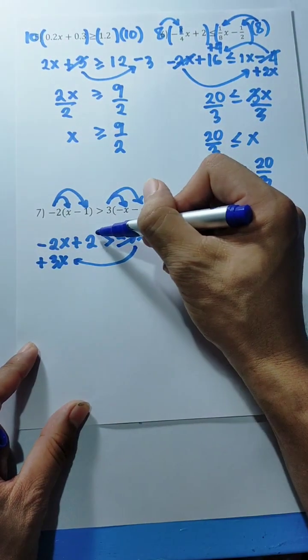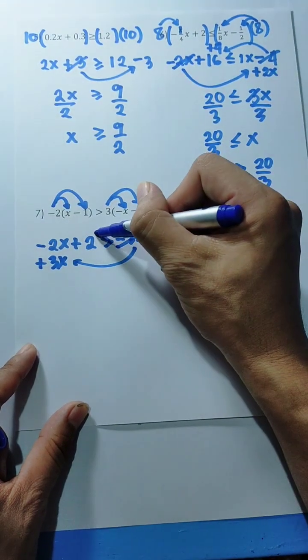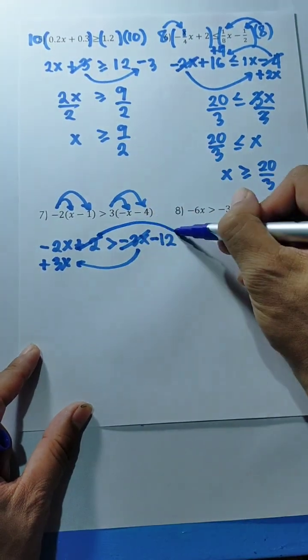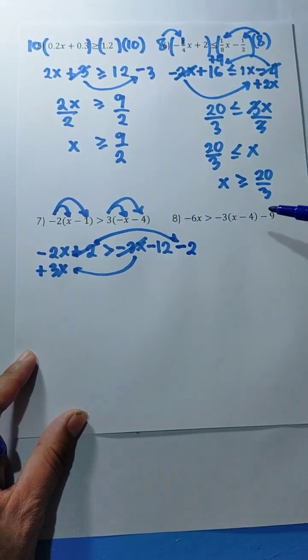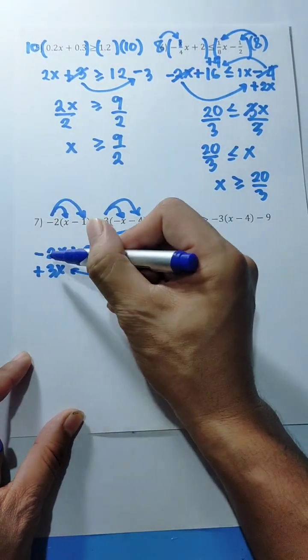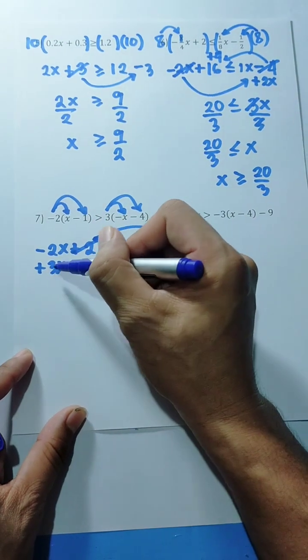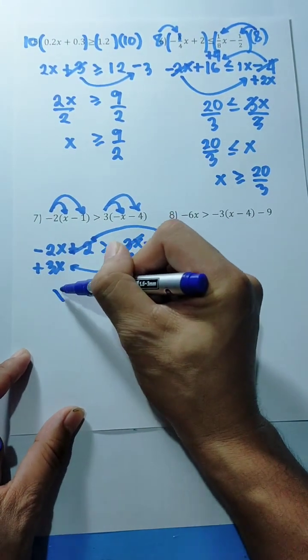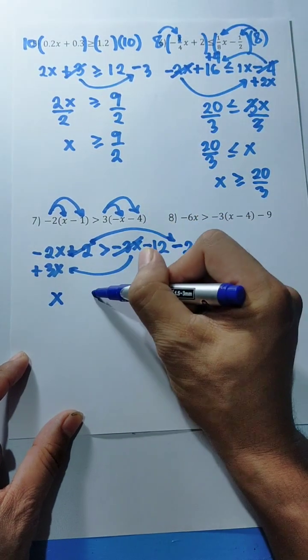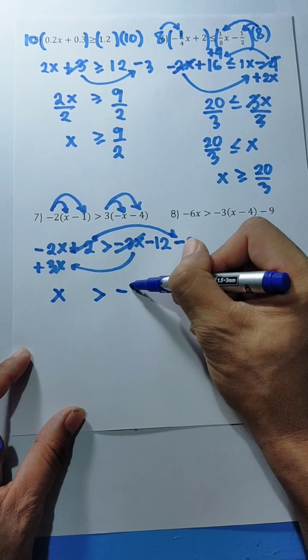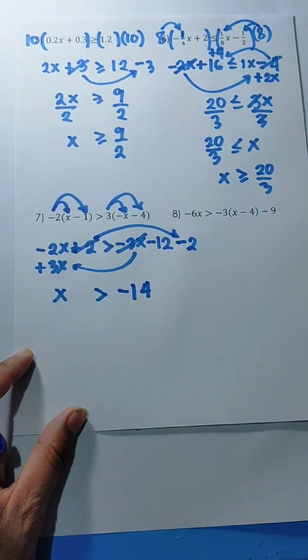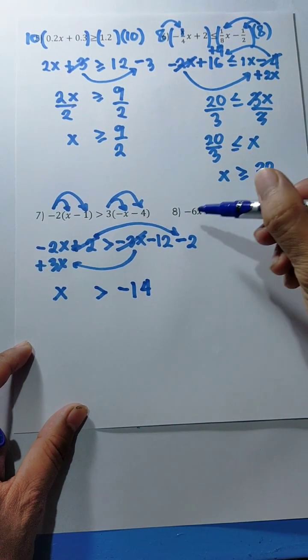And then my positive 2x, this one to the right, becomes minus 2. So negative 2x plus 3x is only x, greater than negative 12 minus 2, which is negative 14. That's the answer.